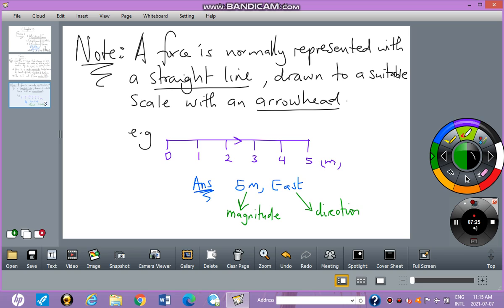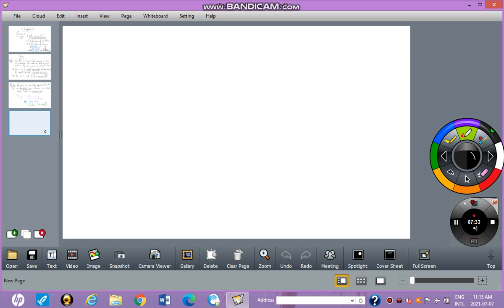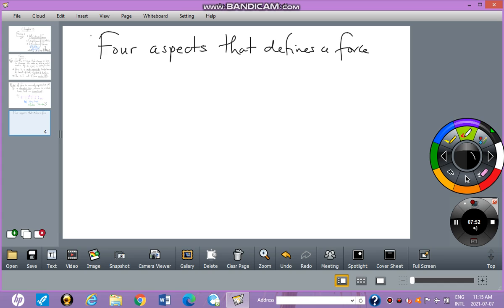This is just a recap of what we did in level 1 and 2. So there are 4 aspects that define a force fully. Okay, so we have 4 aspects that define a force fully.